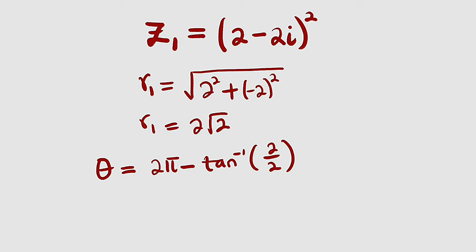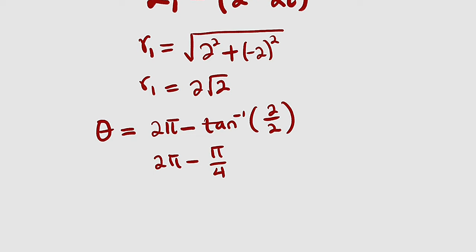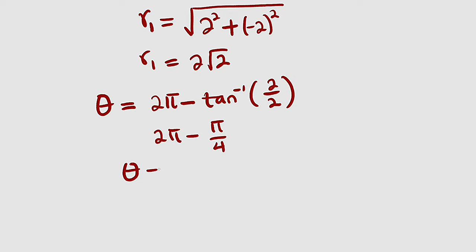And 2 divided by 2 is equal to 1. Tan inverse of 1 is pi divided by 4. So we have 2 pi minus pi divided by 4, which is equal to 7 pi divided by 4, right? Therefore, our angle is equal to 7 pi divided by 4, and this angle is theta 1, remember.